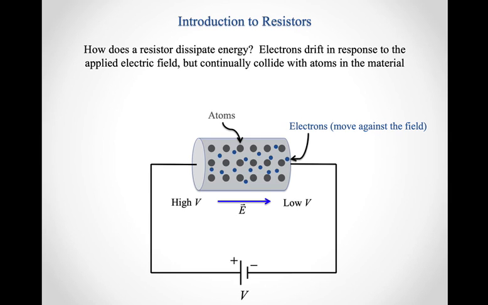And then as the thermal energy increases, that energy gets radiated away as heat. Resistors dissipate energy by converting electrical energy into thermal energy and then allowing that thermal energy to be radiated away as heat.